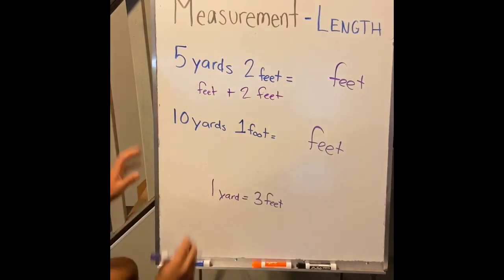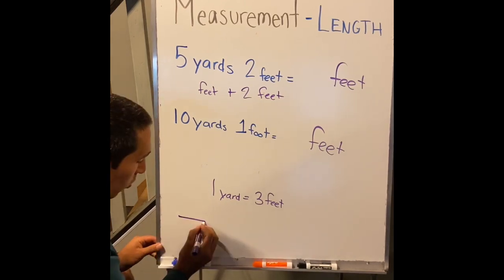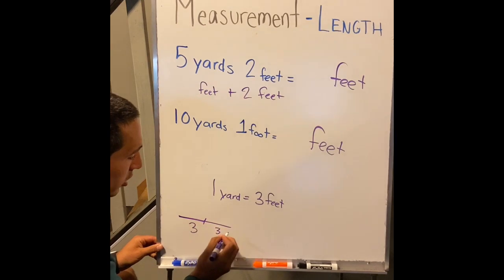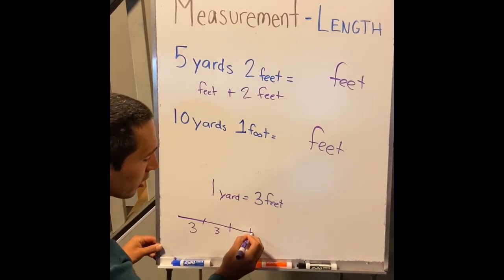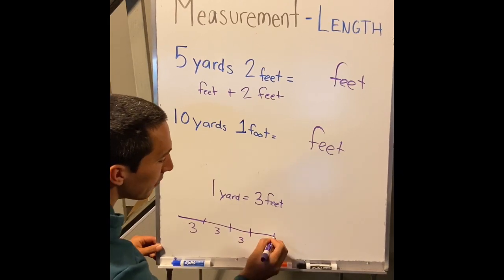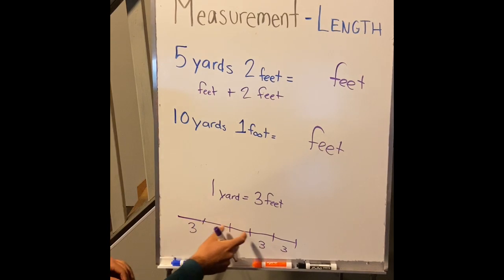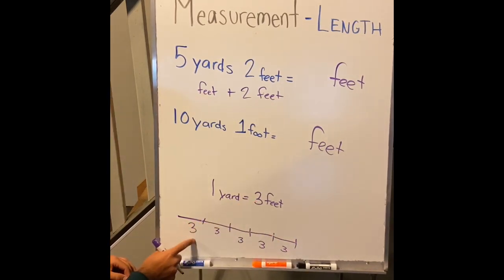So the question I asked was, how many feet are in 5 yards? 1 yard is 3 feet. 2 yards, another 3 feet. Our third yard's another 3 feet. Fourth yard, 3 feet. So see how we have 1, 2, 3, 4, 5 yards, and each yard is 3 feet.